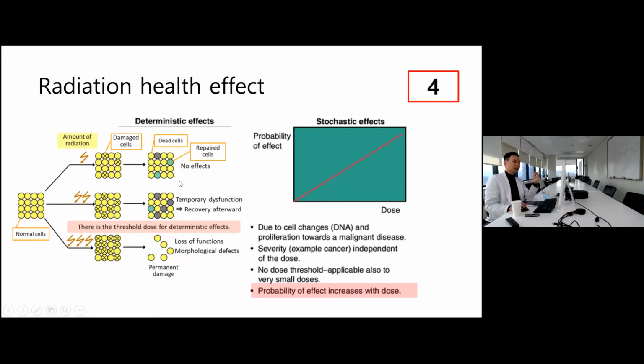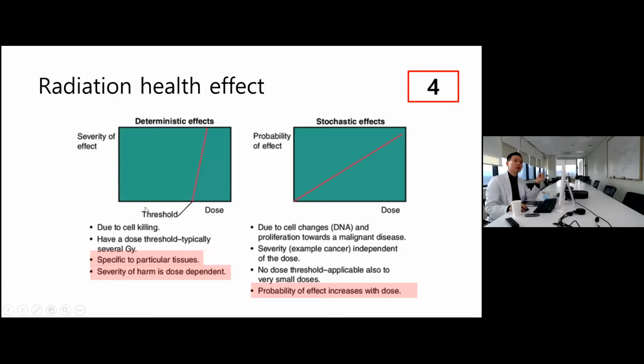The threshold dose is defined this way: when a number of people are exposed to the same dose of radiation, the dose at which symptoms appear in 1% of the people is considered the threshold dose.